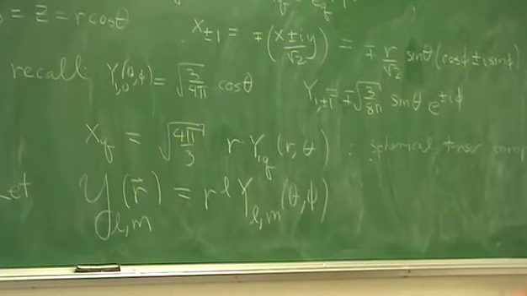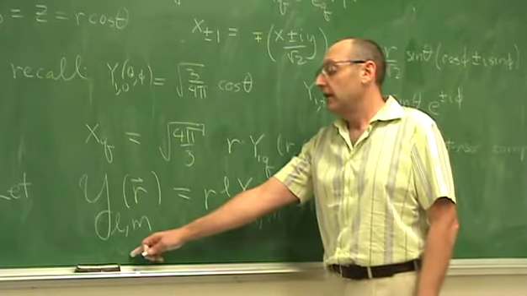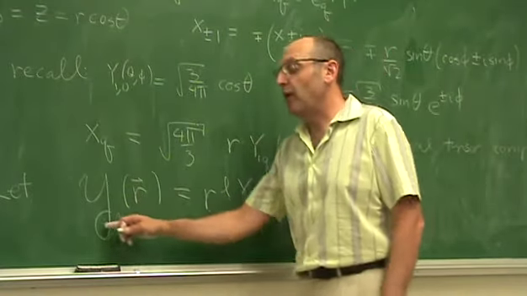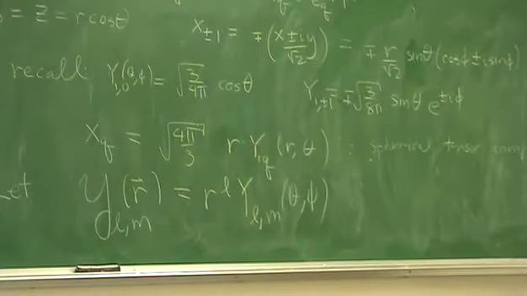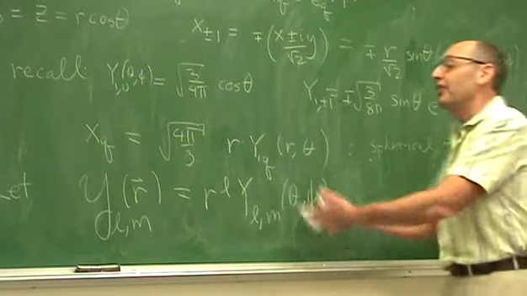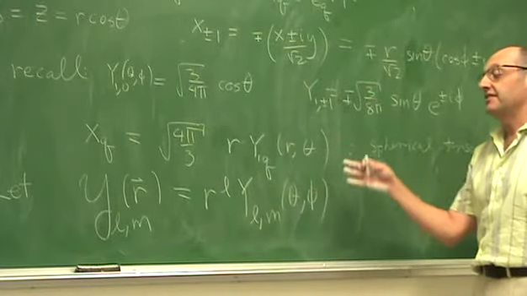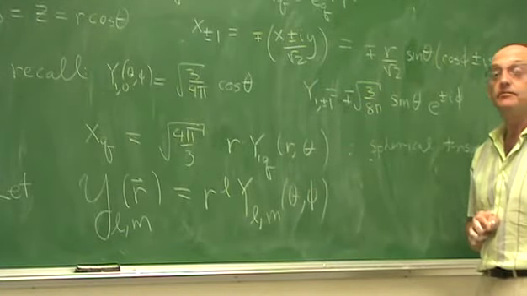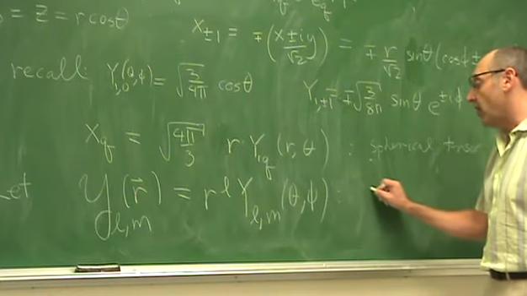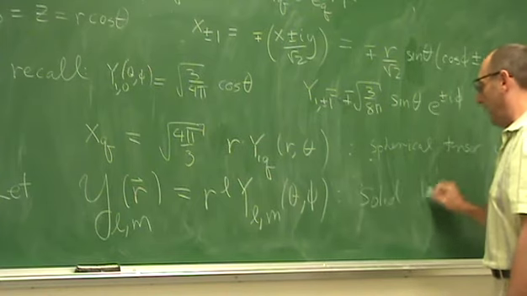For a given L, there are 2L+1 different polynomials in x, y, and z, or equivalently 2L+1 different functions of r, theta, and phi. These objects are called the solid harmonics.